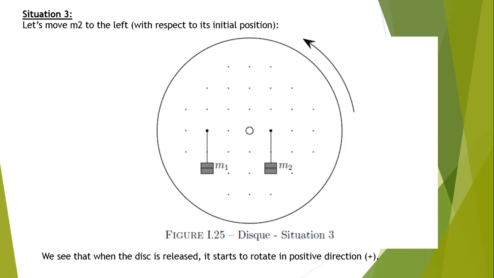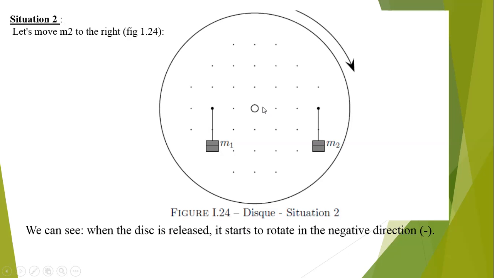In situation 3, when we displace the solid M2 from its initial position to this position, in fact, we decrease the distance. So in this case, the disk also rotates, but in the opposite direction to that observed in situation 2.